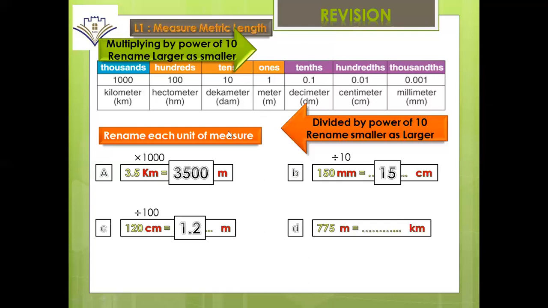Going from meter to kilometer, we rename smaller as larger. Move 1, 2, 3. 3 places means divide by 1,000. Divided by 1,000 means move the point 3 places. 1, 2, 3. The point goes at the front, then the answer is 0.775.